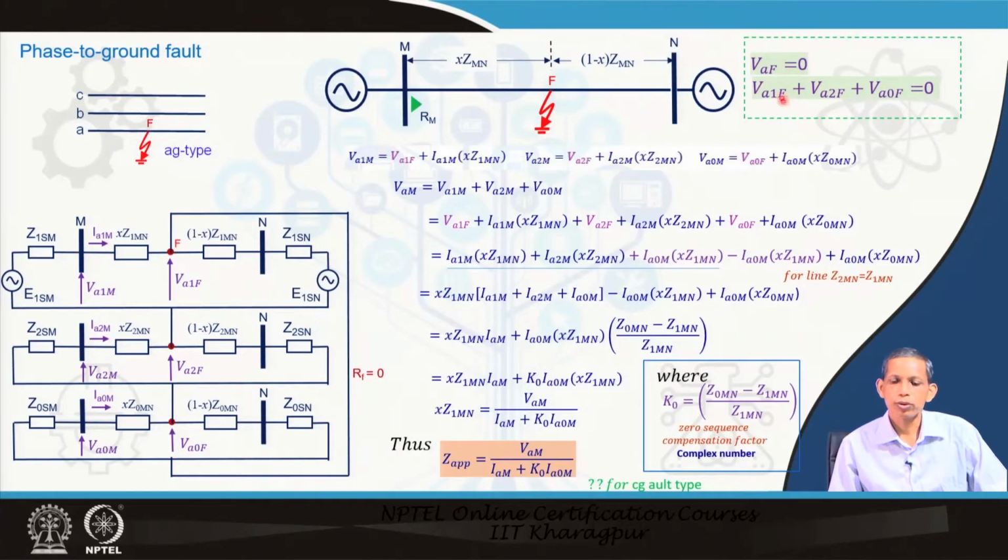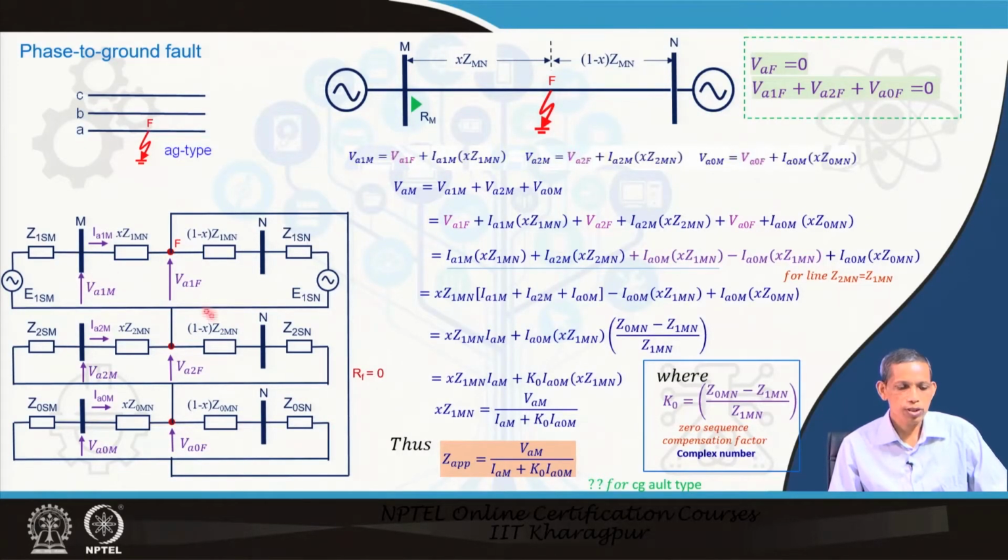We know VAF consists of positive, negative and zero sequence voltages: VA1F plus VA2F plus VA0F, the corresponding sequence components of VAF. So, this will also be 0. This relation is for the phase A to ground fault, and from these relations we will proceed further.